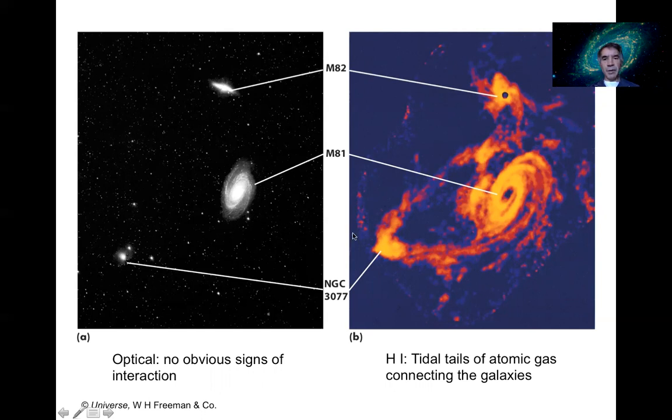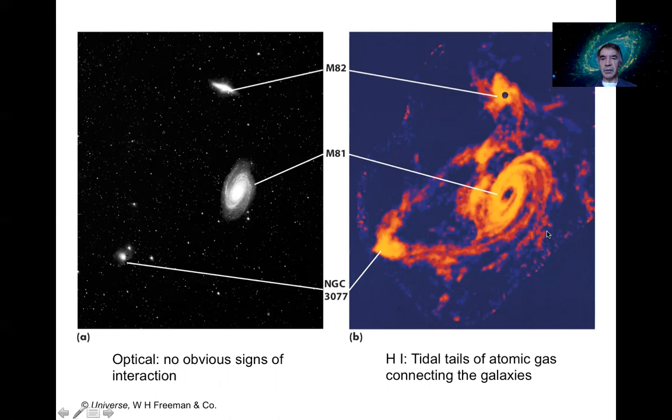But if you look at the atomic hydrogen instead, so recall, this is your 21 centimeter emission line that is used to make this map of where all the atomic hydrogen gas is. Also recall that the atomic hydrogen gas usually extends quite a bit further than the stellar disk of a spiral galaxy. You can clearly see that here.